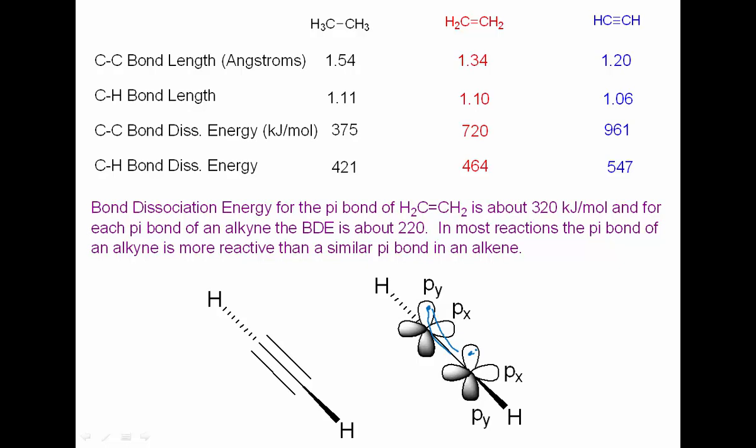Okay, let me orient this a little better here, sorry. So there's our pi bond for that, and then we have another pi bond here from these two p orbitals overlapping. So the p orbitals are at 90 degree angles to each other, just because that's the bond angle on the Cartesian axis.